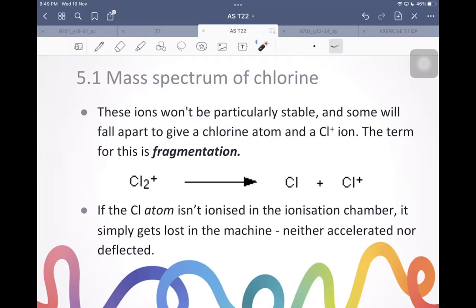Fragmentation does not only occur in molecules, but also in chlorine and bromine molecules, because there is a bond that can be broken, the Cl-Cl bond. So when you put Cl2 in the mass spectrometer, you would expect to see Cl2+ or fragmentation into Cl+. This is fragmentation.